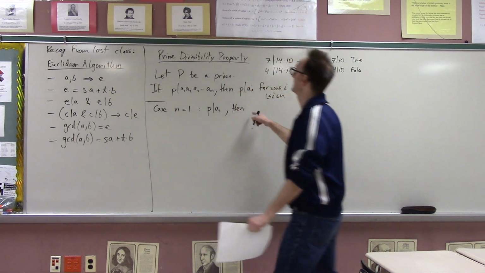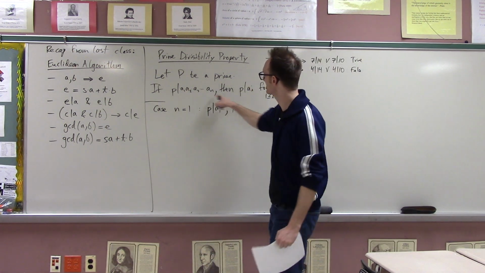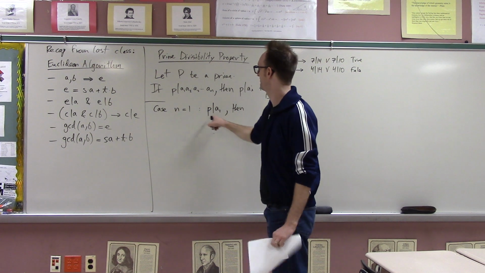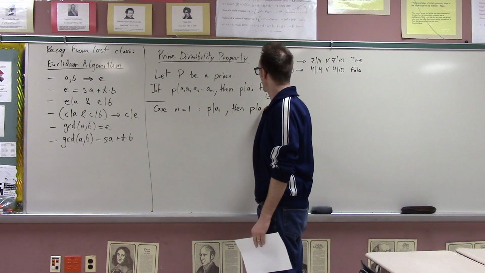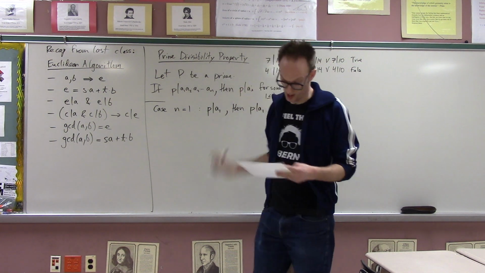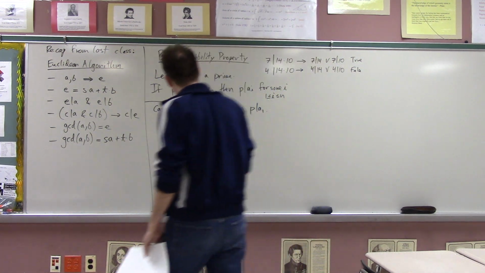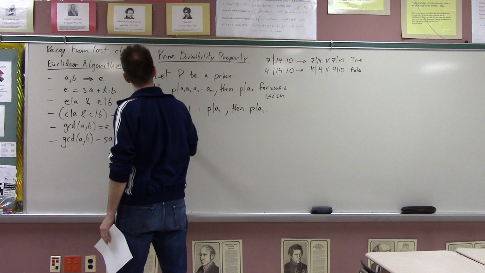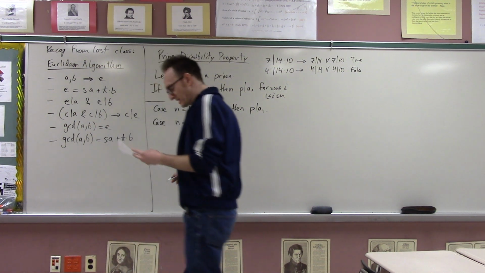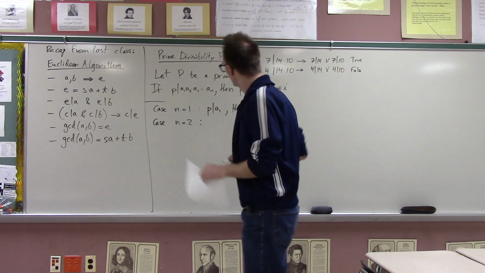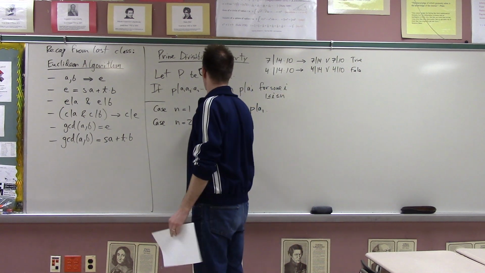If p divides a product of numbers, it divides one of them. Well, if p is only dividing one number, then p certainly divides that number. So, duh. The interesting case is n equals 2, but let's just go in order.